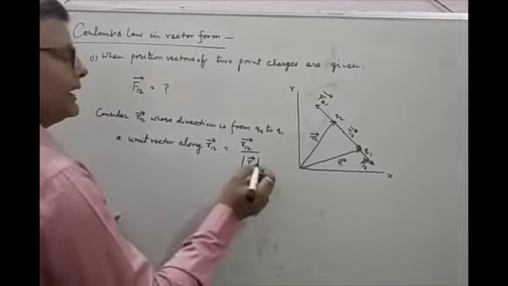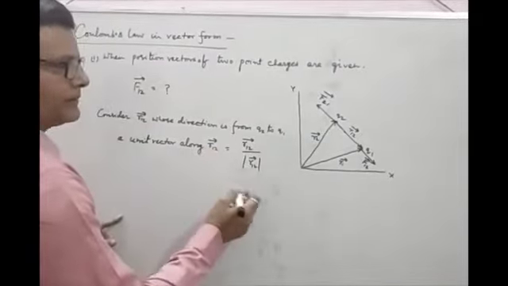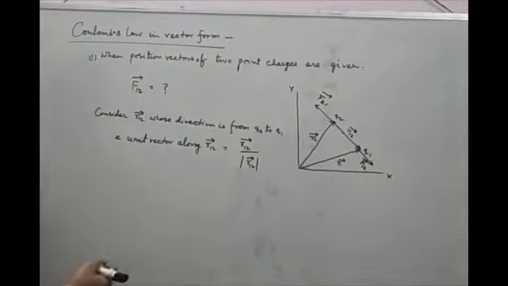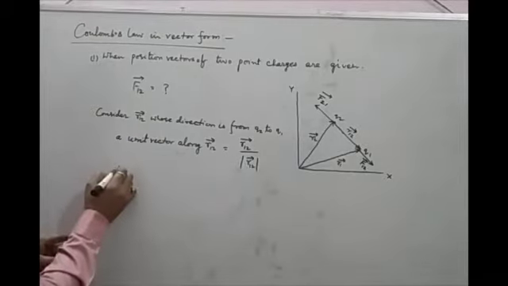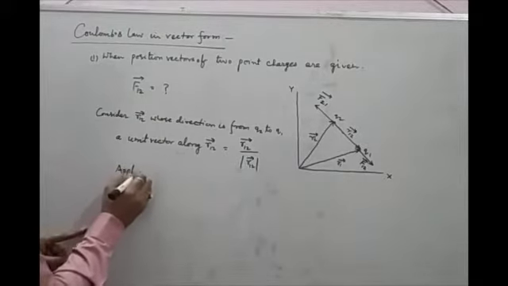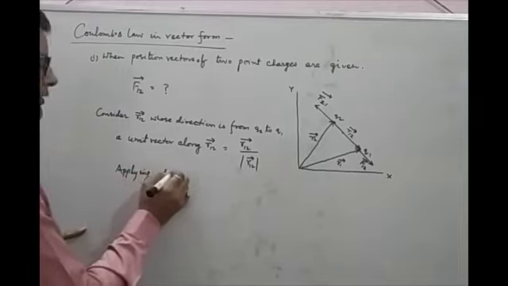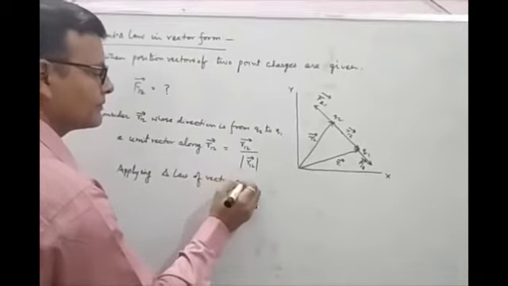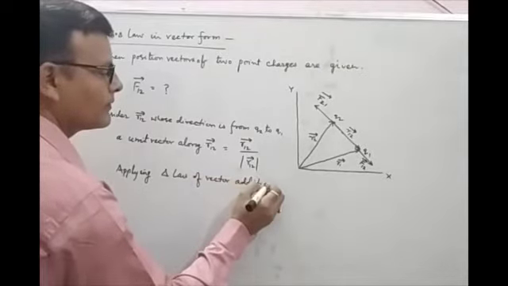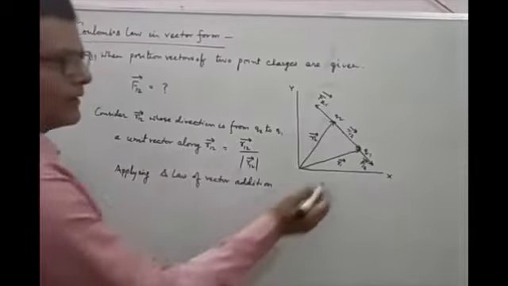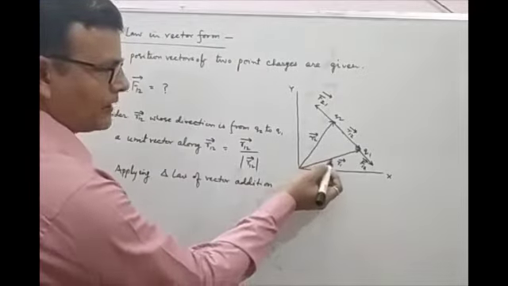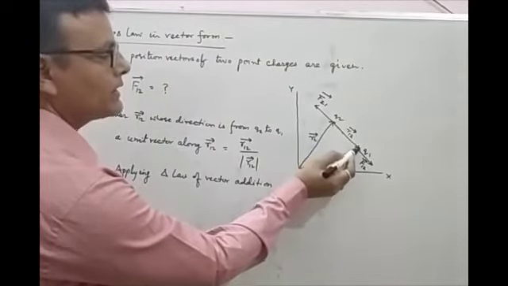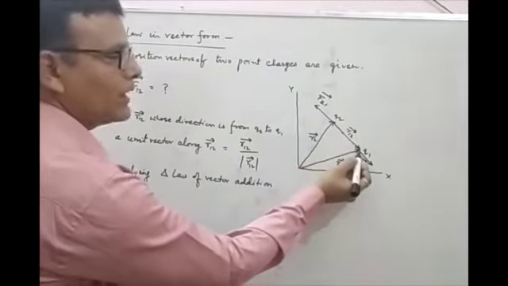We can also find R12 vector by applying triangle law of vector addition. Applying triangle law of vector addition, we have here R2 vector plus R12 vector is equal to R1 vector.